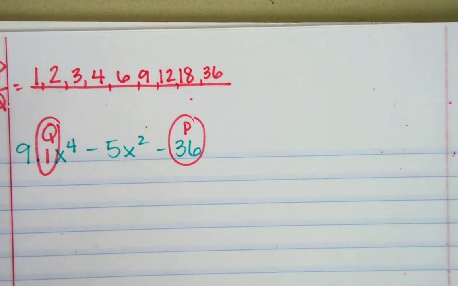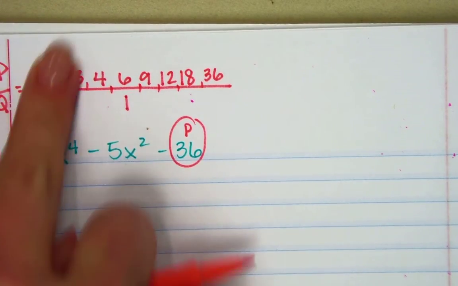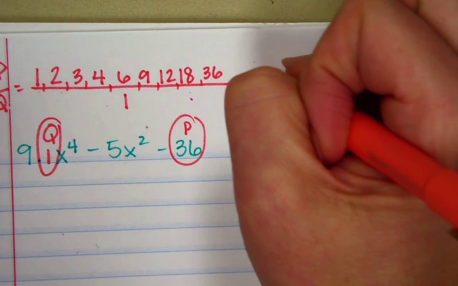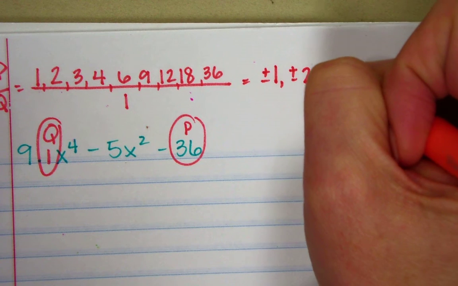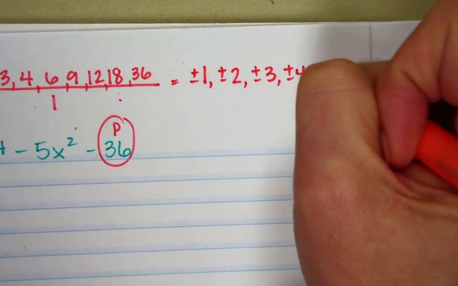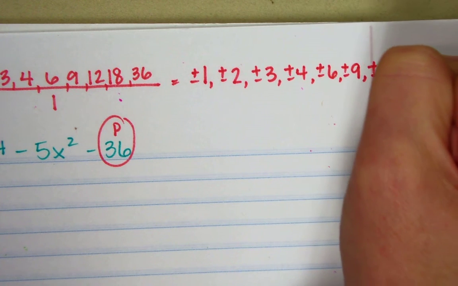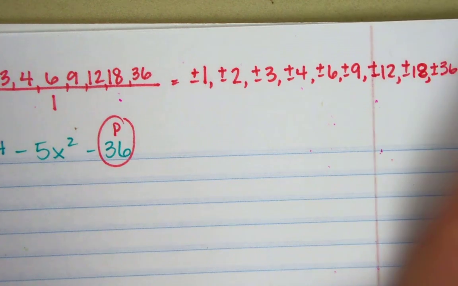Okay. So kind of a lot. Right? All over 1. So 1 over 1, 2 over 1, 3 over 1, 4 over 1, 6 over 1, 9 over 1, 12 over 1, 18 over 1, 36. Okay, so plus or minus 1, plus or minus 2, plus or minus 3, plus or minus 4, plus or minus 6, plus or minus 9, plus or minus 12, plus or minus 18, plus or minus 36.